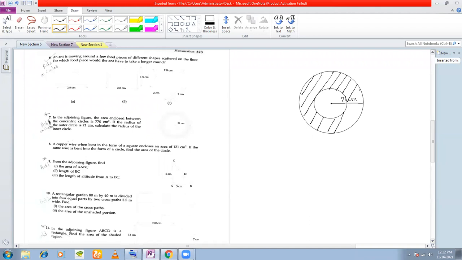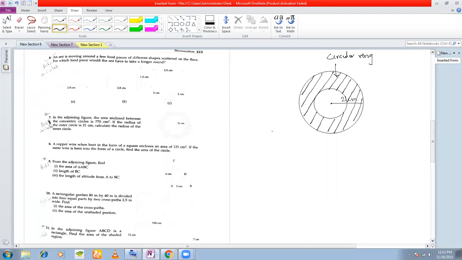And you know what this is called? This shaded part is called a circular ring. Okay, the two circles are forming a circular ring. It's not mentioned here, so you can remember this.